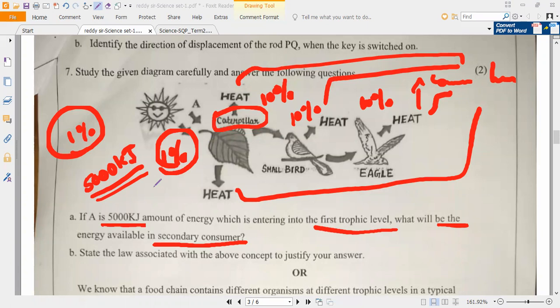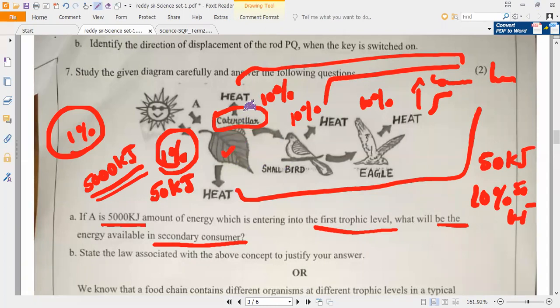Nitinath is saying 50 kilojoules. Is it yes, guys? Yes, sir. 50 kilojoules will come into the leaves. Now 10% of 50 kilojoules, how much is it? Please respond. 5 kilojoules. So 5 kilojoules will be absorbed by whom? Caterpillars. Correct or not?